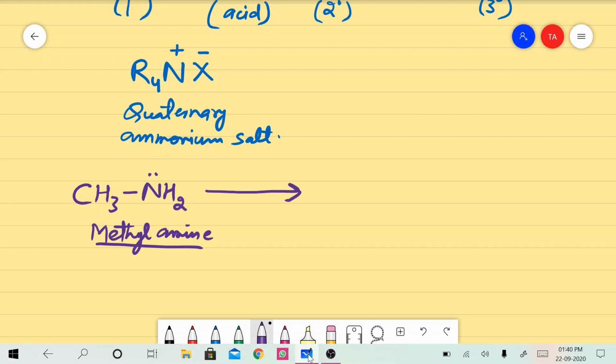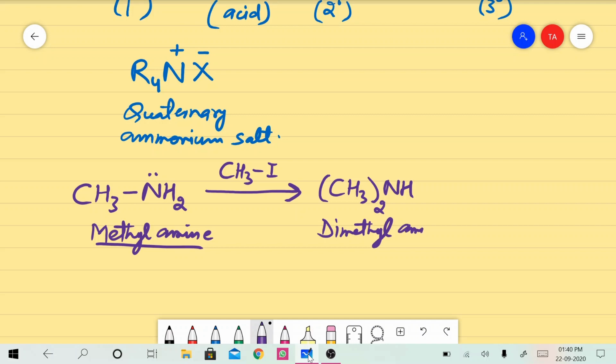When it is treated with an alkyl halide, for example methyl iodide, we get a secondary amine that is dimethyl amine, and a side product in this case is a hydroiodic acid.